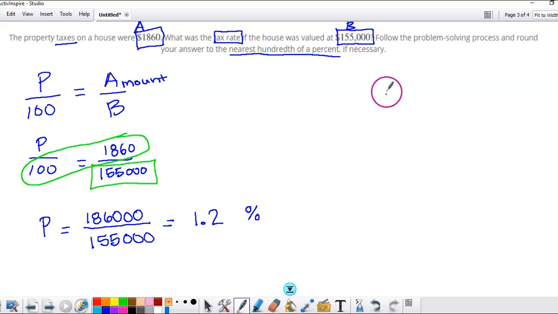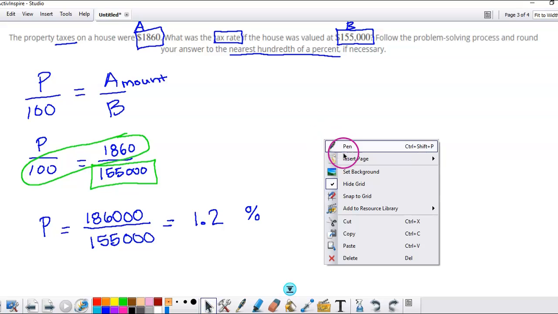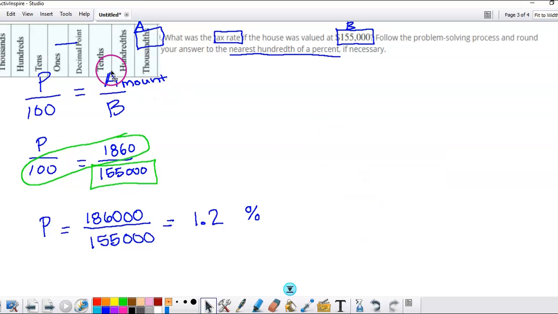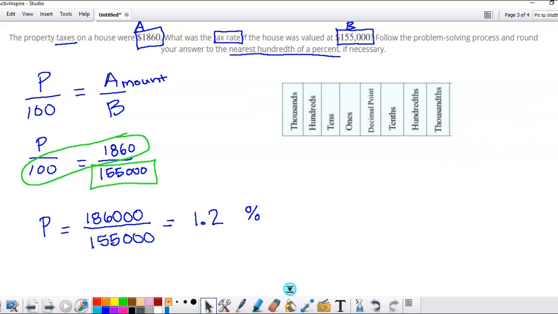100th%. So let's take a look at a decimal place value chart and see what's going on. So here's my decimal point. I have a 1 in front of it and a 2 behind it. So I am only at the 10th place. I need to be at the 100th place.